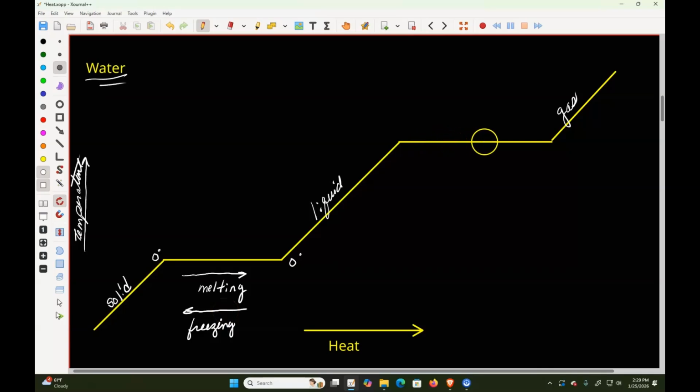Same thing here: I'm vaporizing. In this direction, I'm condensing. And this will be 100 degrees Celsius.